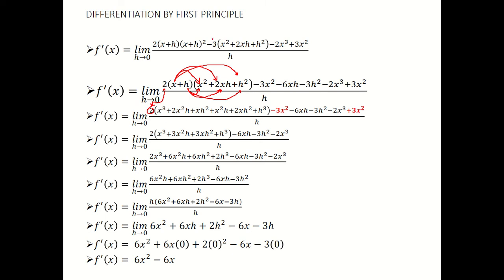Okay, now here all I did was this. I multiplied this trinomial by that negative 3, and I got this. And I still have this minus 2x cubed plus 3x squared. Okay, and this is what I got inside the brackets.